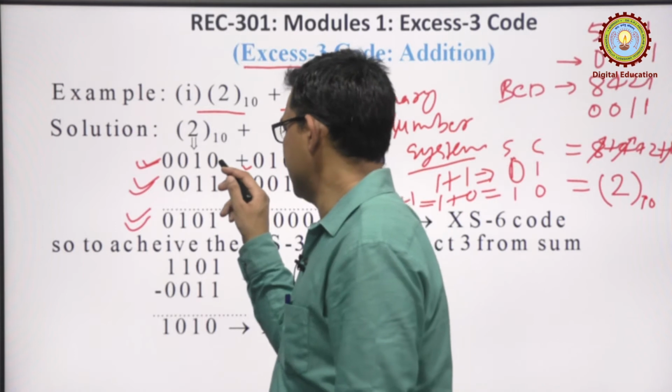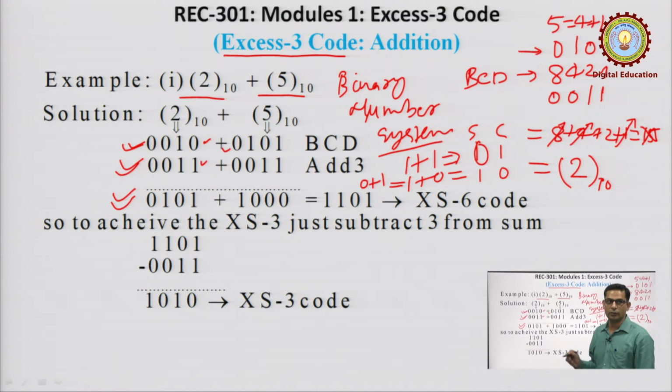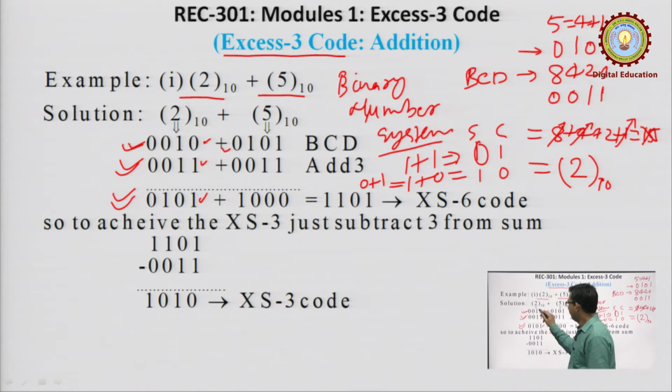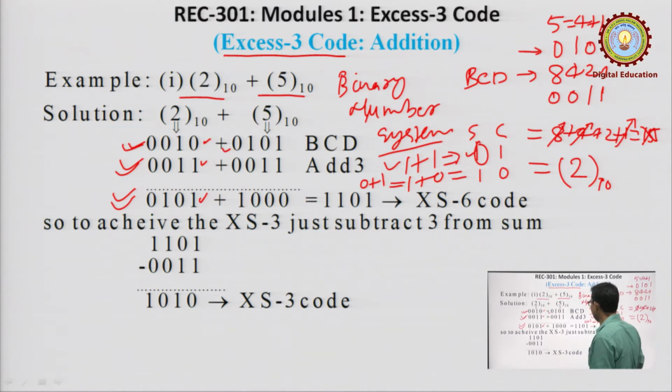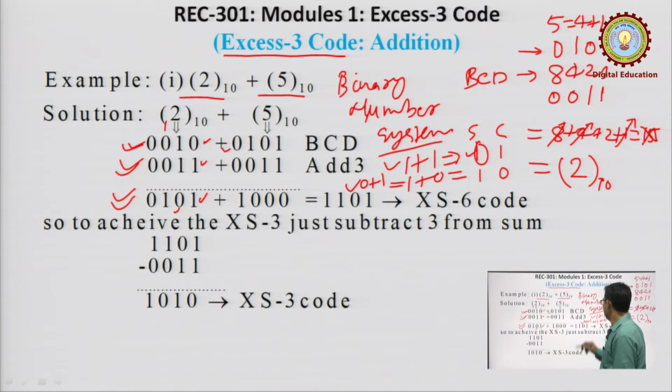So from here we can see this is 0 and we want to add it with 1, so 0 plus 1 is equal to 1. Then 1 plus 1, the sum will be 0 and the carry will go here. Then 1 plus 0 is equal to 1. Either 0 plus 1 or 1 plus 0, in both cases the sum will remain 1 and the carry will be 0.